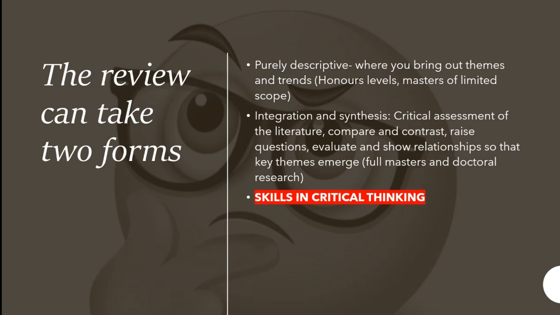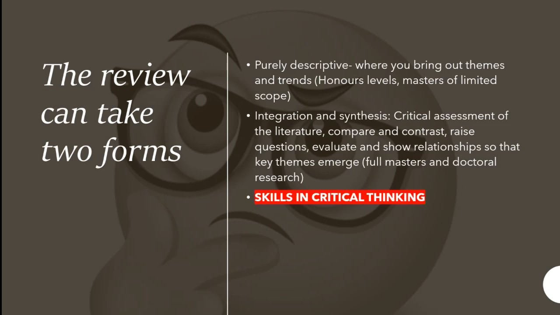But once you go into a full master's and definitely a PhD, it's required that you address more critical thinking and argumentation in your literature reviews. So you will move away from only describing.